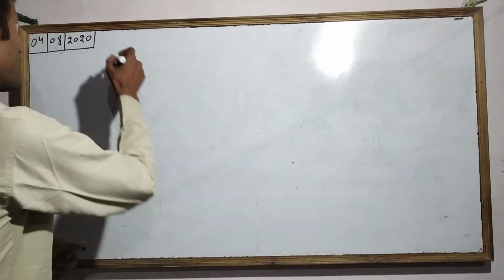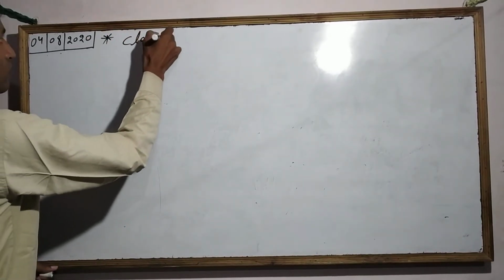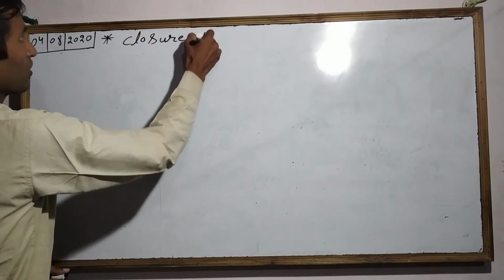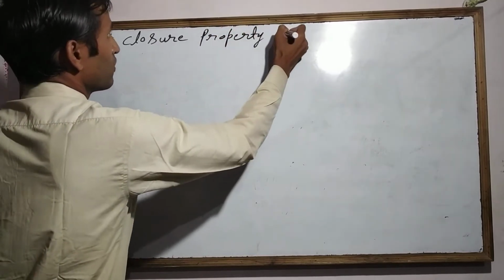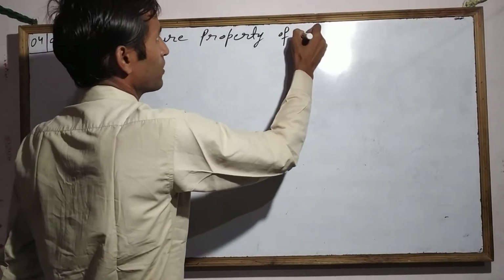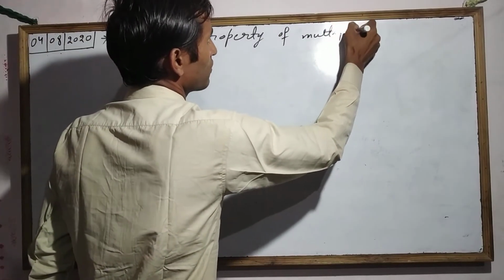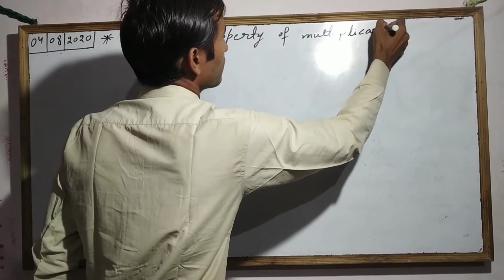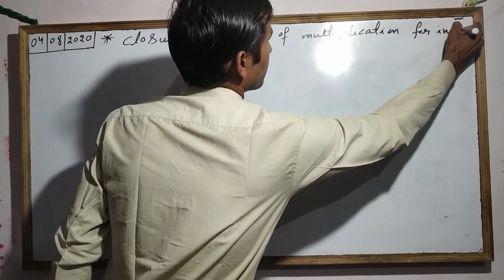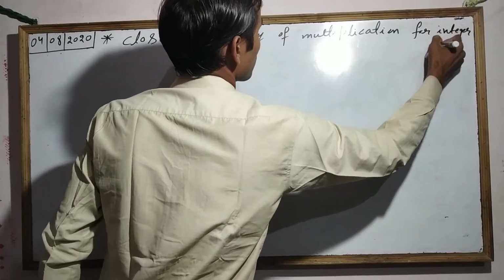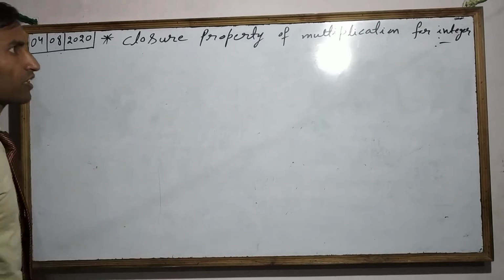First I will start with the closure property of multiplication for integers.